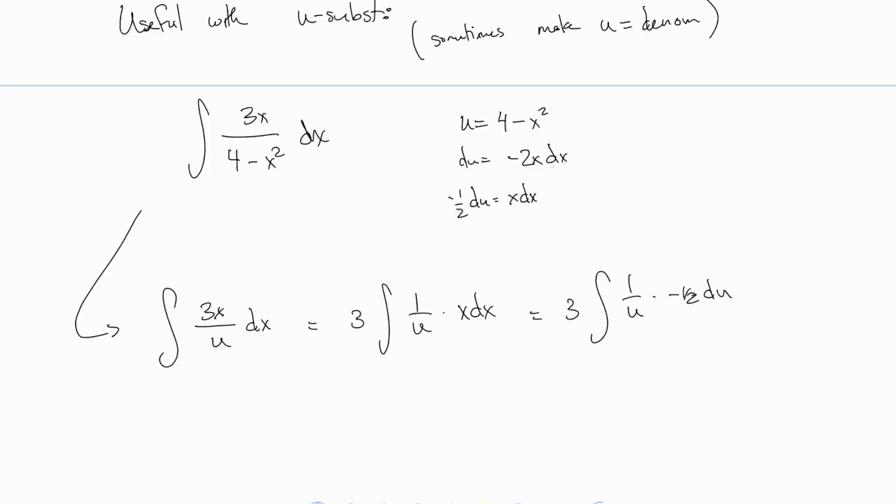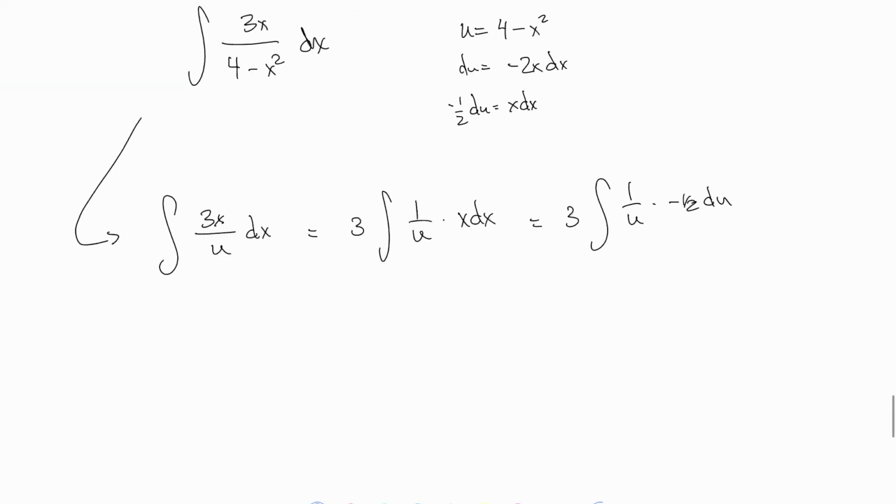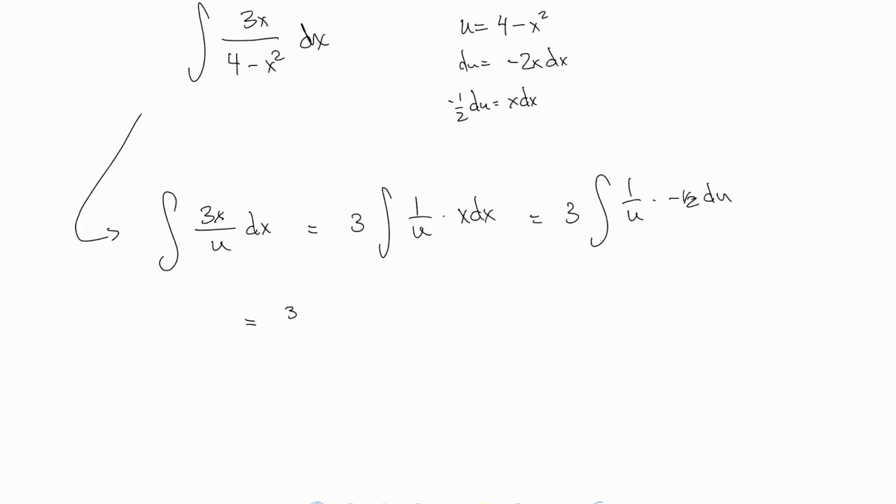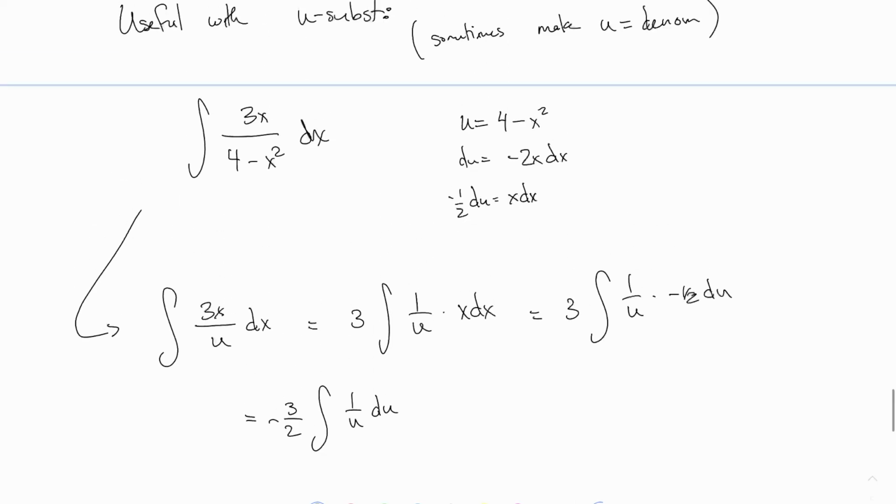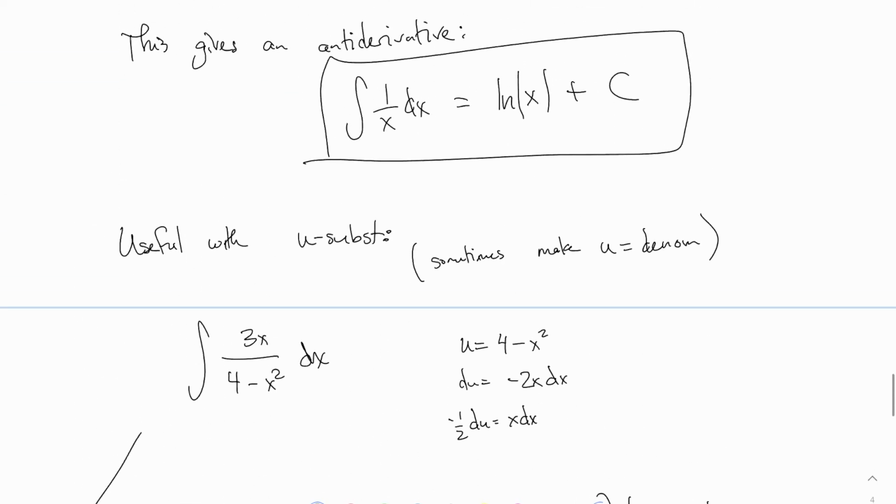And then this -1/2 being a constant can come all the way out. And then finally, I think I will be ready to do this integral. Like that, right? -3/2 integral 1 over u. And how do we do integral 1 over u? That's the formula that I just said. It's this, right? Integral 1 over x dx is ln of absolute value of x.